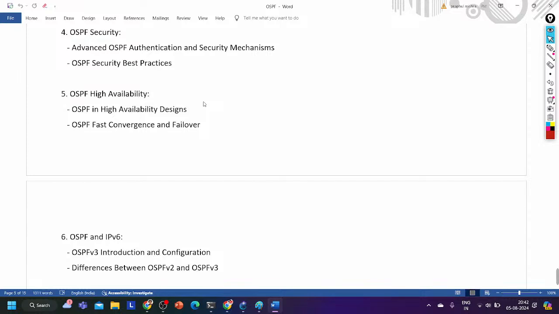Because let's suppose for a company the priority can be cost, availability, or scalability, meaning according to future growth my network should be scalable, capable of handling more users, or I should be able to extend my network.